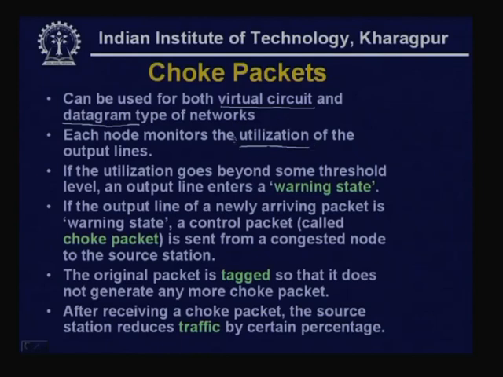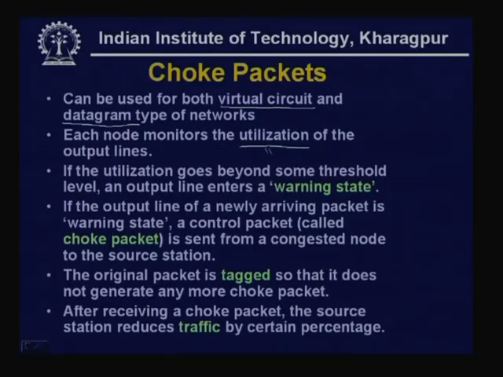As we have already mentioned, as a thumb rule, whenever the utilization increases beyond say 80%, we may consider that the network is congested. So, whenever this utilization increases beyond some threshold level, the output line enters a warning state.